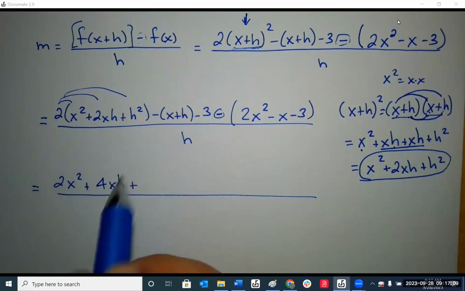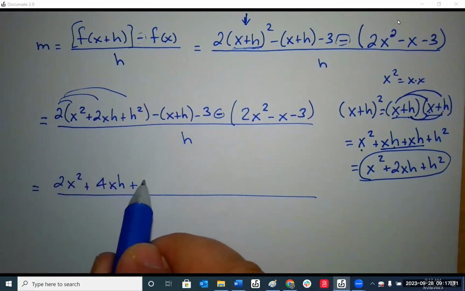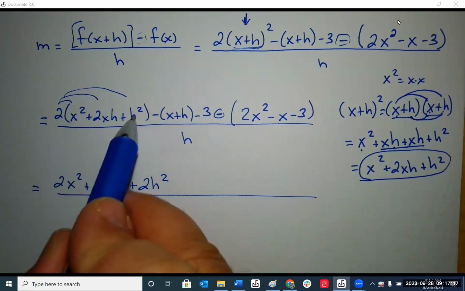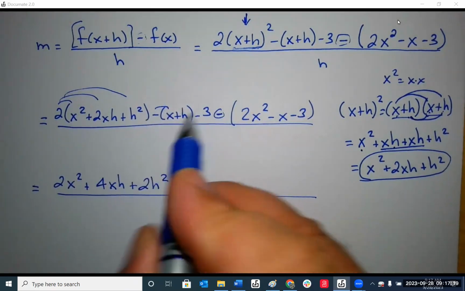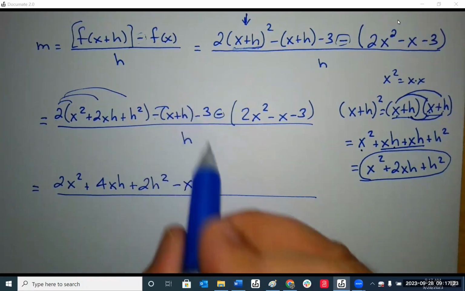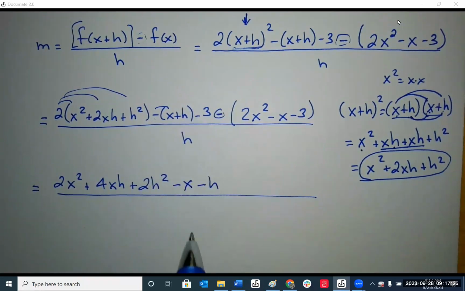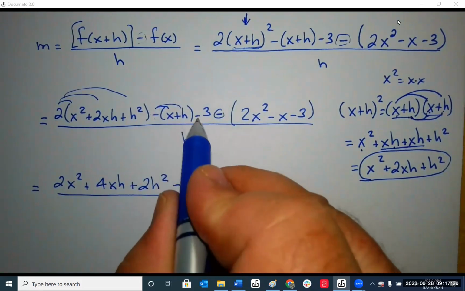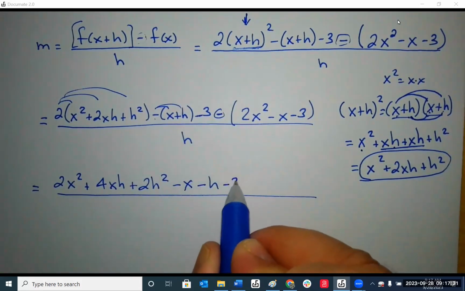Positive, positive is positive. 2 times h² is 2h². That's the first part. Now we have the minus sign. Negative times x is negative x. Negative times h is negative h. That's the second part. Then we have the minus 3.